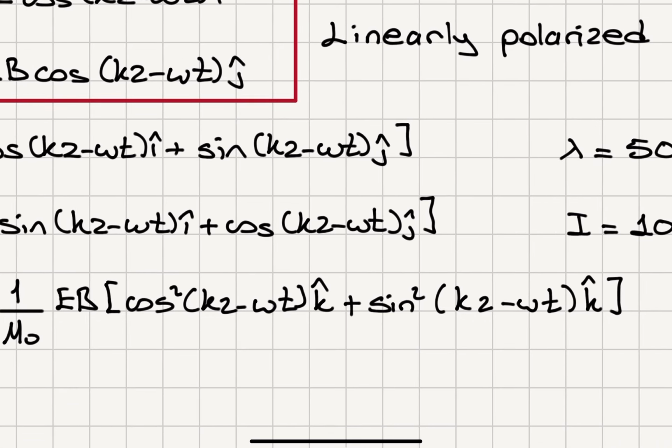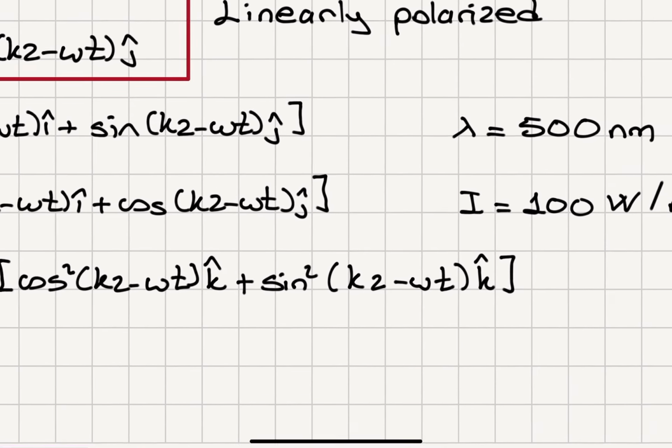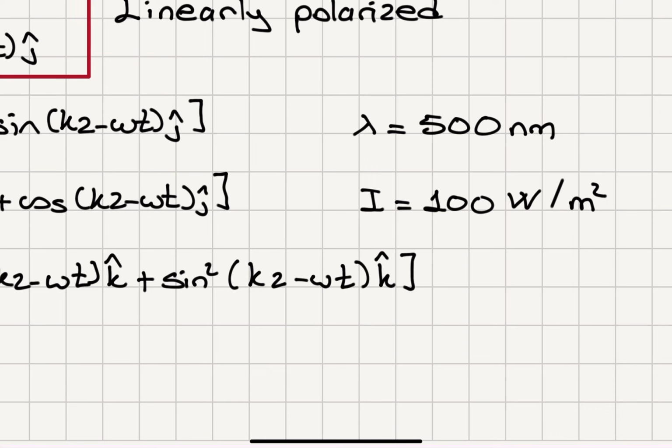Sine square plus cosine square is 1. So this is just EB over mu 0 in the k hat direction.